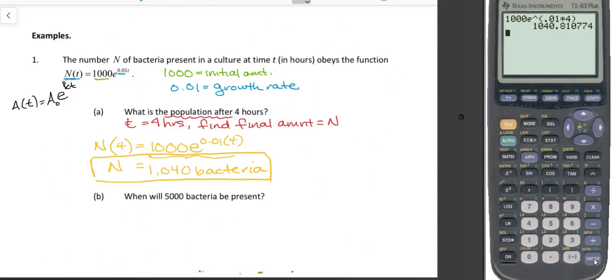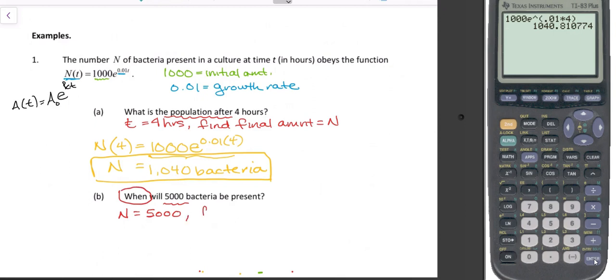Okay, the next part asks, when will 5,000 bacteria be present? So in this problem, we have been given the final amount. So this time we know that n is equal to 5,000, and we're being asked the question when.